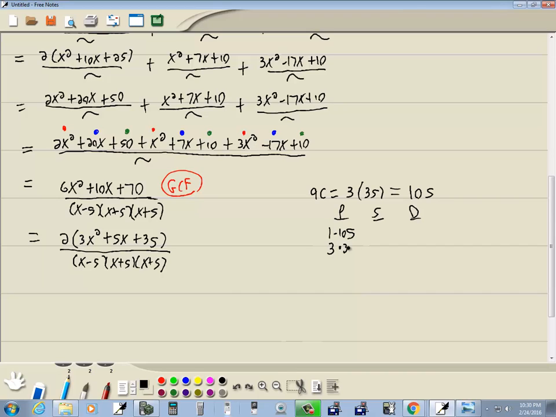I got 3 times 35. 4, no. 5 times 21. 6, no. 7 times something. 7 times 5 is 35. 7 times 15. 8, no. 9, no. 10, no. 11, no. 12, no. So that looks like it. And I don't see anything that added or subtracted gives us the 5. So that means it doesn't factor anymore.